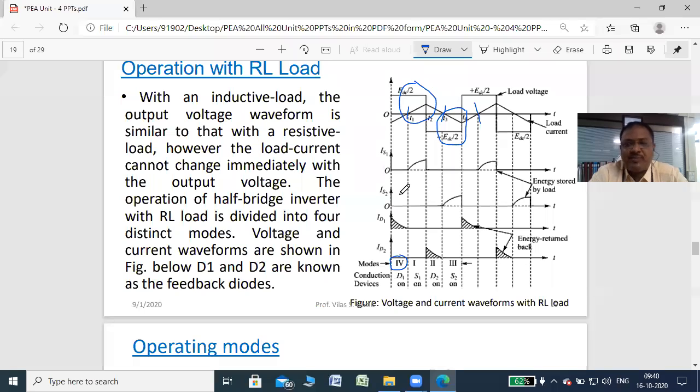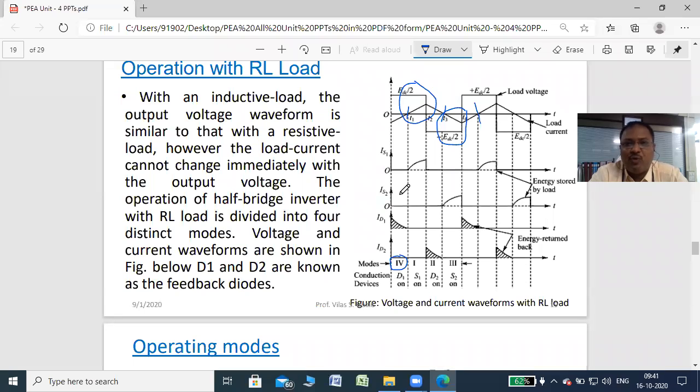Then case number three, when S1 turns off, then what happens? The inductive energy which is stored in the magnetic field of the inductor has its polarity reversed. So this time O is positive with respect to A. When A is negative, it means diode D2 is in forward bias.